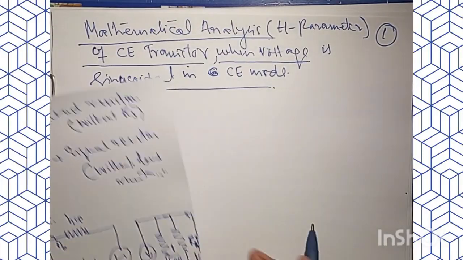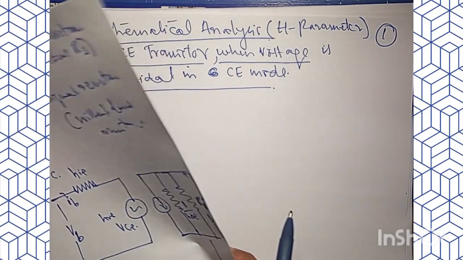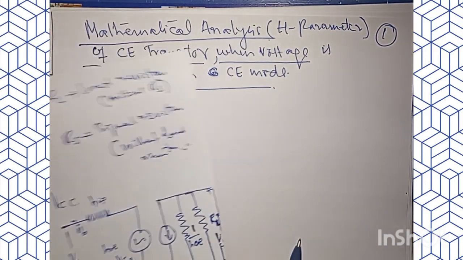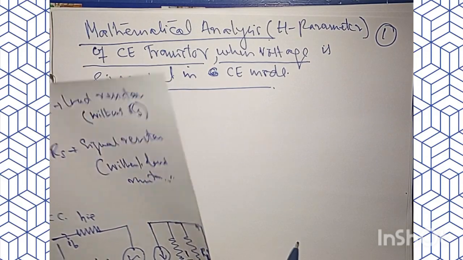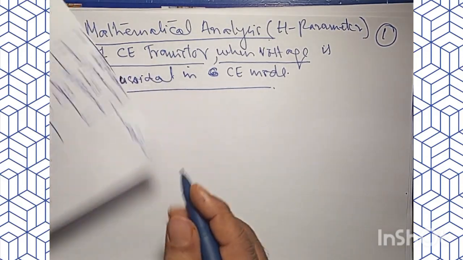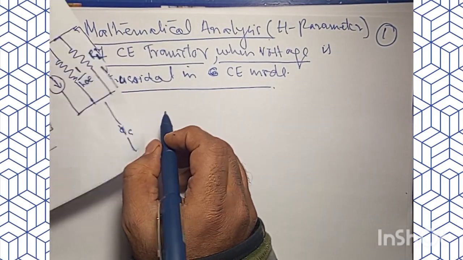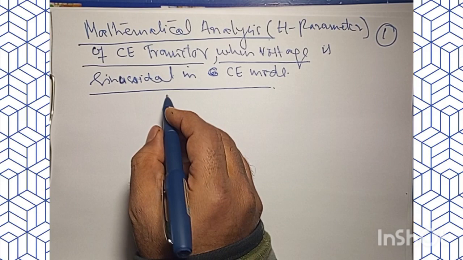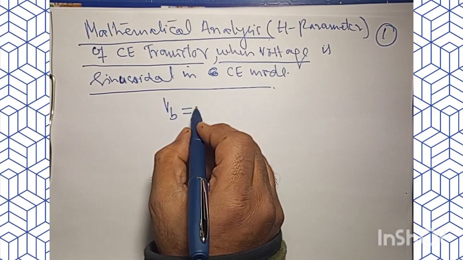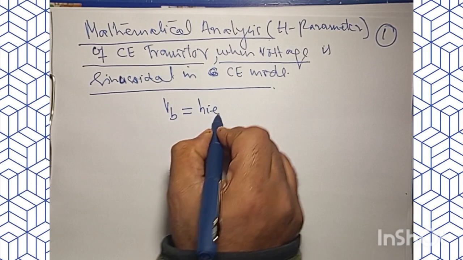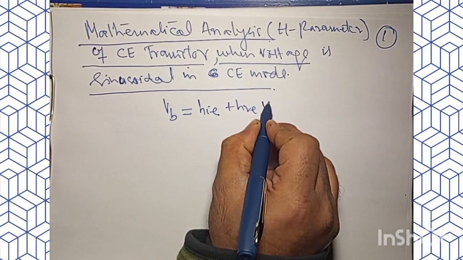Now, if we start with the two linear equations, the equation in terms of voltage and the equation in terms of current. So what we have is VB, that's V1 in that case, equals HIE IB plus HRE VC.